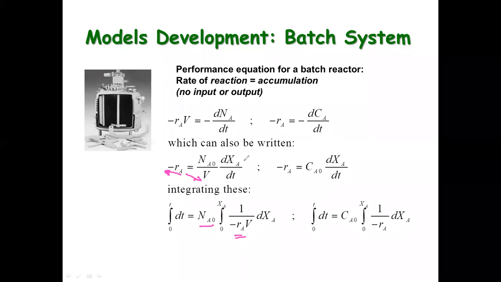Why do you think this differential equation, which has the unknown function XA and time, was processed in this manner? The time was isolated on the left side, and now the rate was placed in here. What do you think is the reason behind why we transfer the rate law to the right side, together with the dXA?